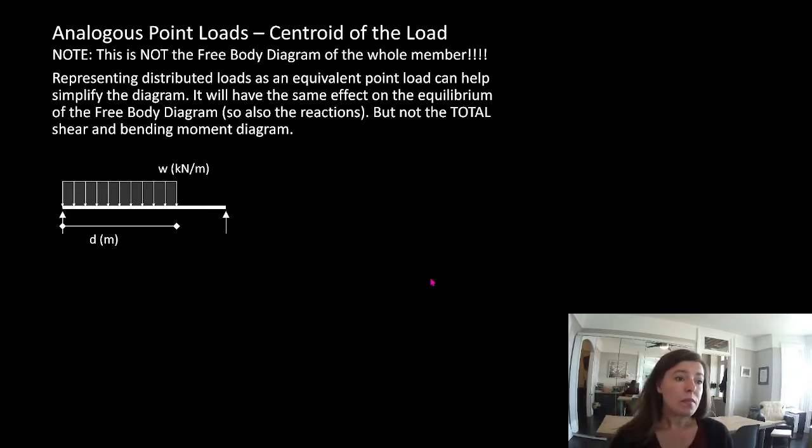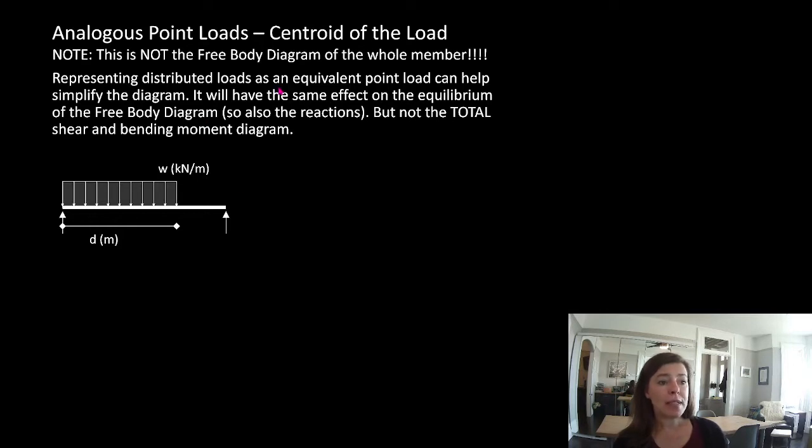So, if I have a uniformly distributed load, and remember this tends to be how we draw a uniformly distributed load, we can, for the purpose of determining reactions, whether they're an internal placeholder reaction or the actual reactions of the overall section, use an analogous point load free body diagram to help us determine those reactions. It is not the total free body diagram, but it is a handy trick to help us determine the loads for that static image of a problem.